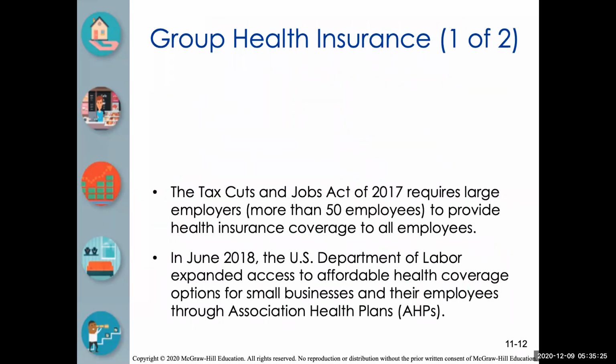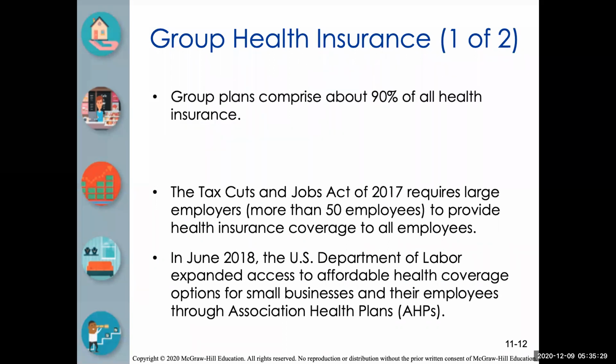So when we think about how some of the insurance products have changed, we're talking about group health insurance, because just like we were speaking about in terms of automobile insurance, you as the health insurance policyholder are put into a pool of people.